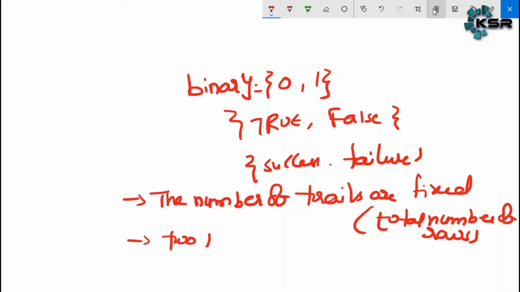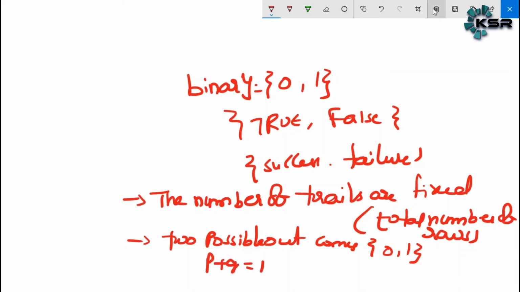Second point, two possible outcomes. Here there are success or failure, 0, 1, true or false, yes or no. Here also in logistic regression, the dependent variable is true or false. Success is denoted with P, failure is denoted with Q. That means P plus Q is equal to 1.